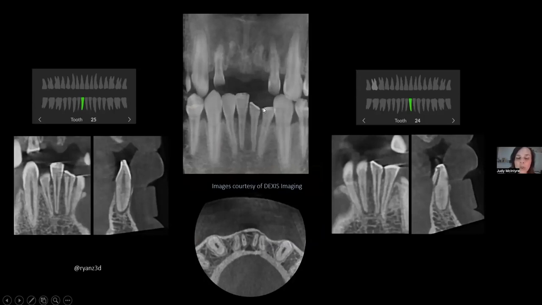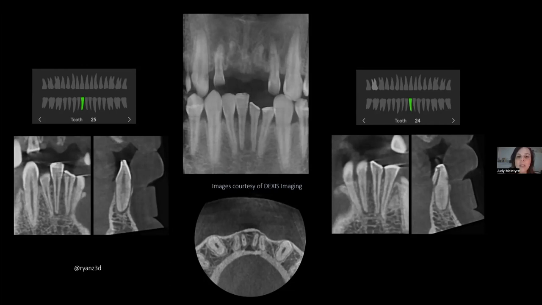We know that the crowns were fractured. But what we don't realize and what we can't quantify on 2D is that these lower teeth have actually been luxated, and we can measure this. This looks like a 2 millimeter luxation. That PDL has been widened by 2 millimeters. This trauma moved the teeth about 2 millimeters, and we can quantify that.